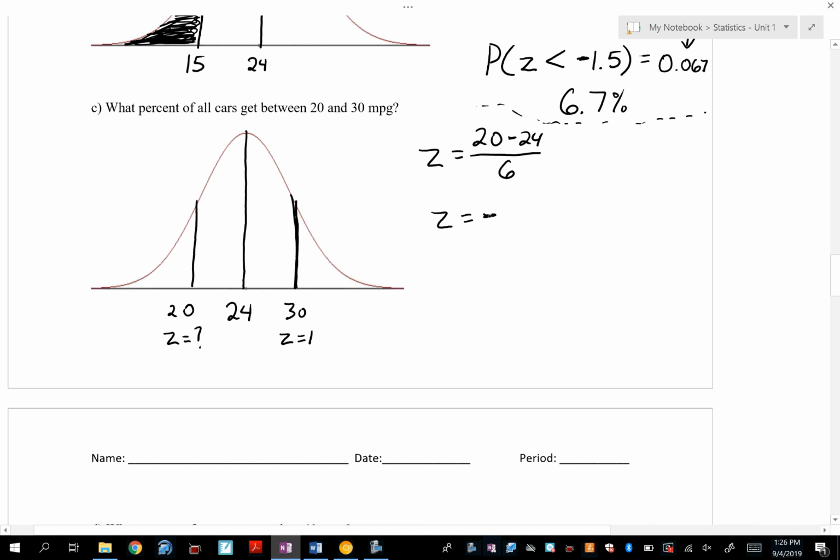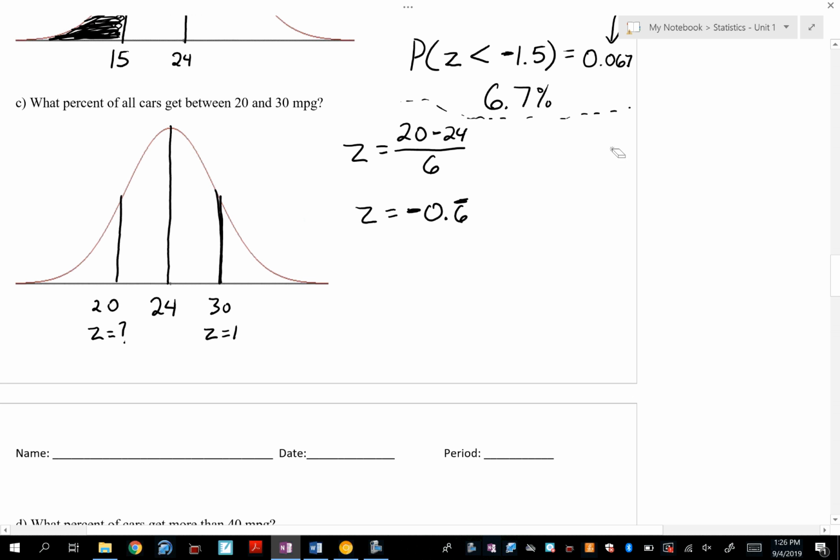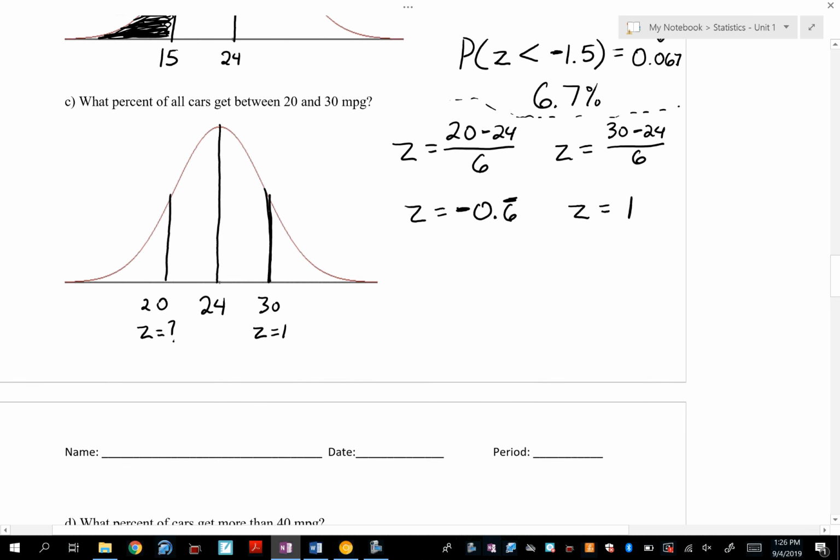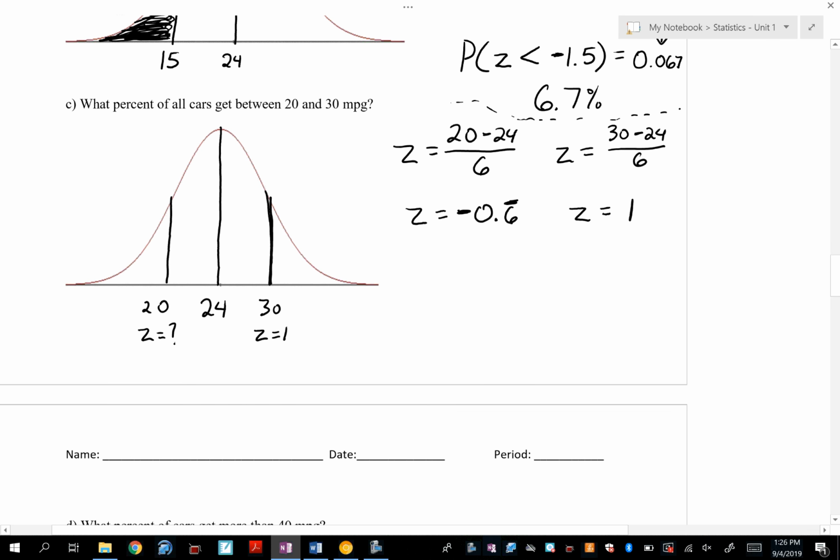I know it's a negative 2/3, right? So 0.6 and then a repeating bar. And we'll show the work for 30 as well, and you'll see that the z-score is 1. Okay, any questions on finding the z-scores yet? Everybody okay?